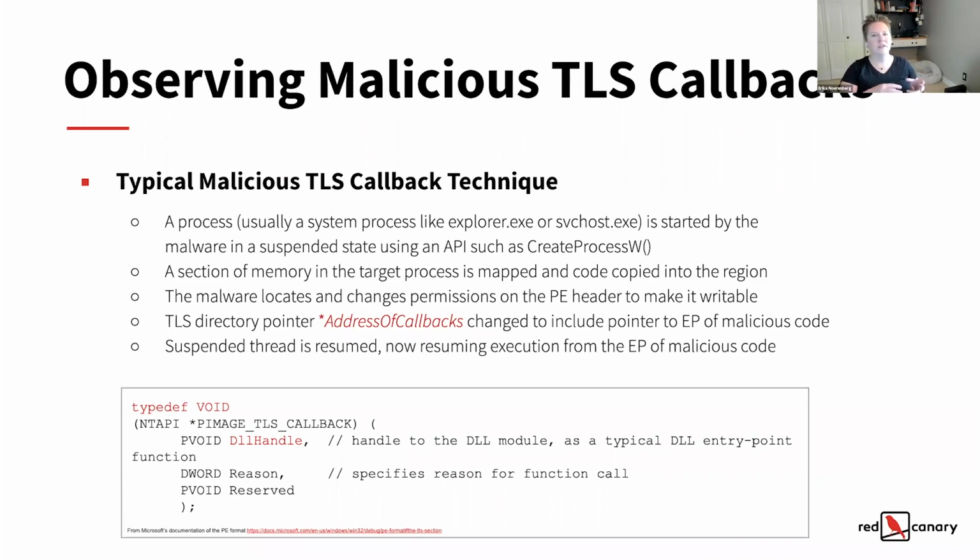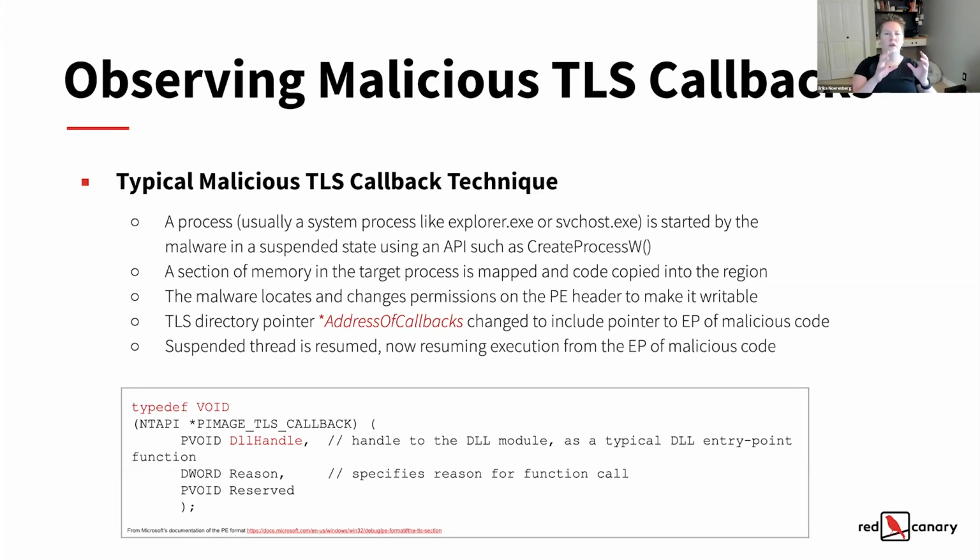But the sample of Ursnif in this case performs similar injection techniques. It creates a suspended explorer.exe or svchost.exe process, and then employs process hollowing in order to map the malicious code into the suspended process. But after it does that, it actually reads the process environment block, or the PEB structure, and then changes the protections on the PE header to allow write access.